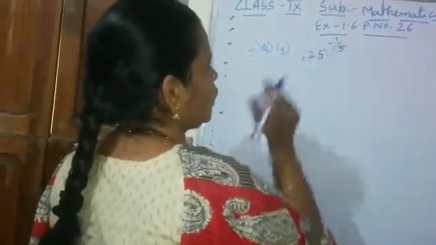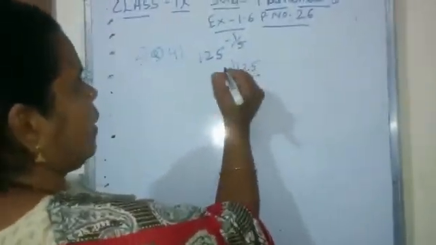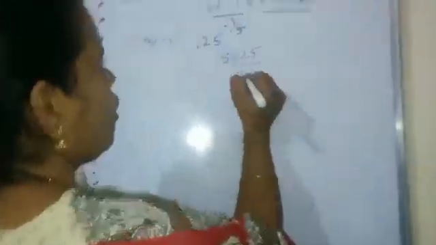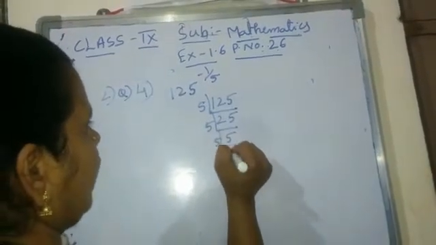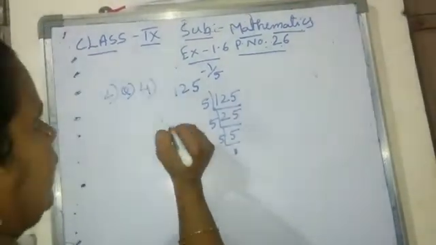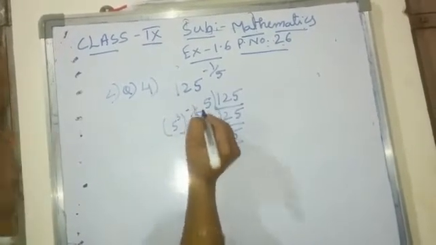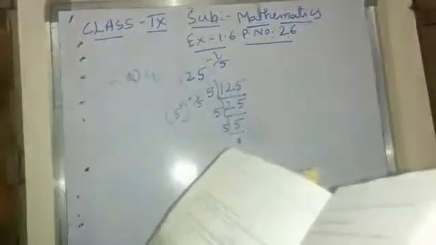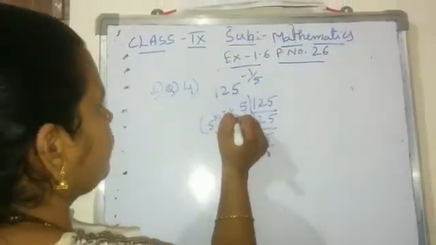It means cube root of 125. See again, 125 can be written by using prime factorization. 5 25 times, 5 5 times, 5 1 time. So it can be written as 5 cube to the power of minus 1 by 3.